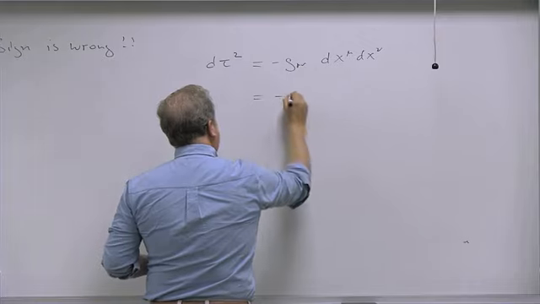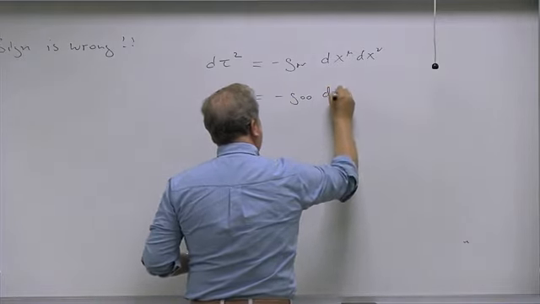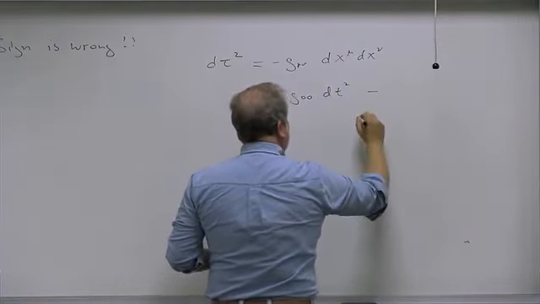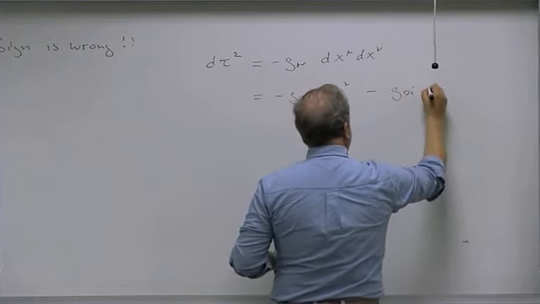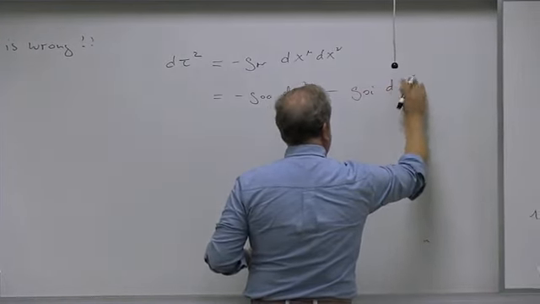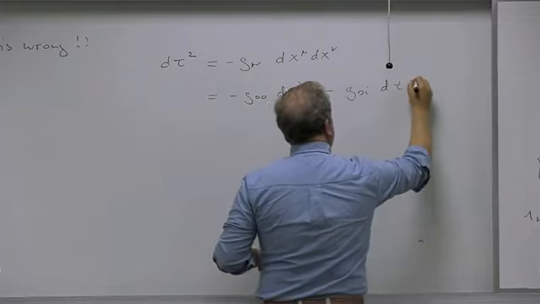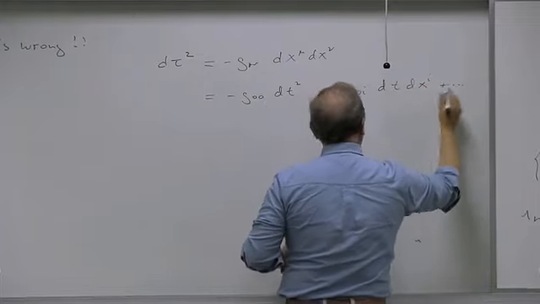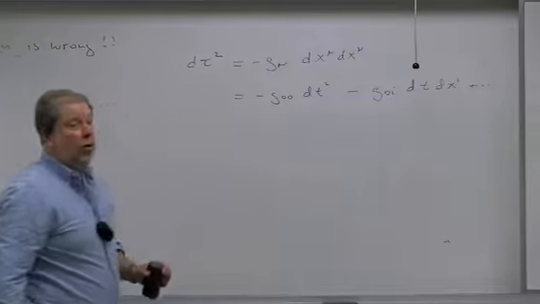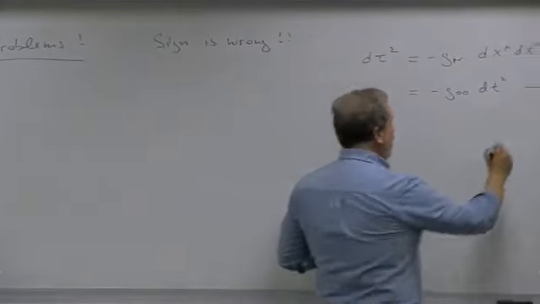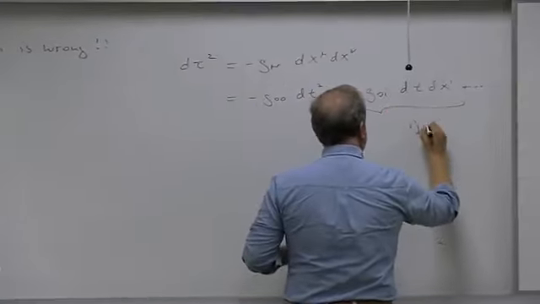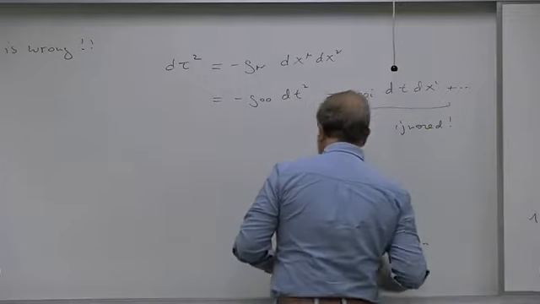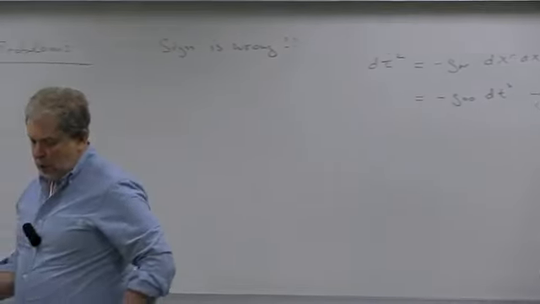And so this is equal to minus g_00 dt squared. But then there is the other component: the minus g_0i dx^0, which is dt again, times dx^i, plus the g_ij terms. So we have ignored all these other results.